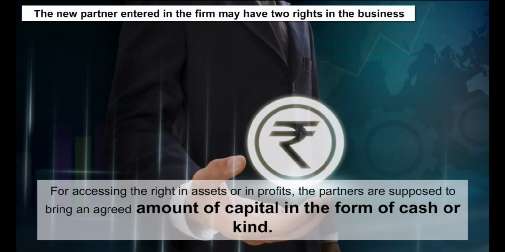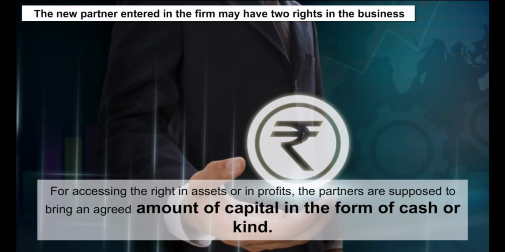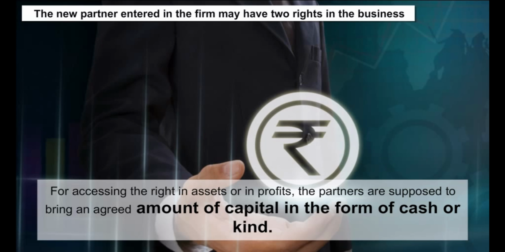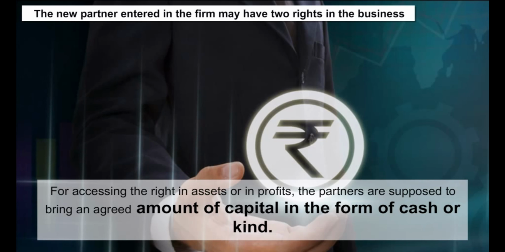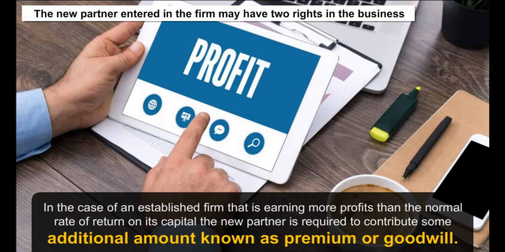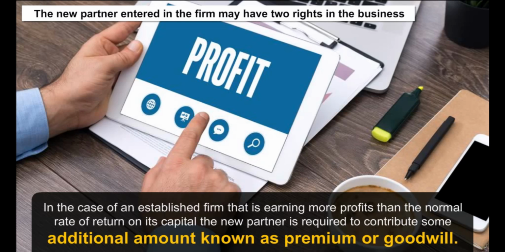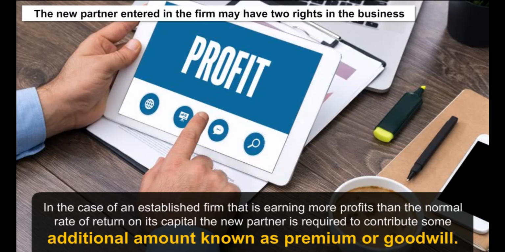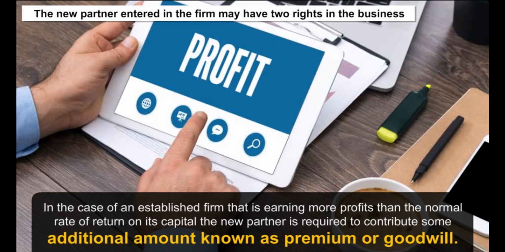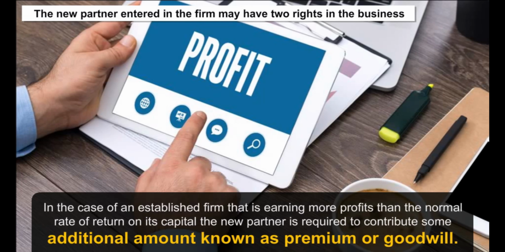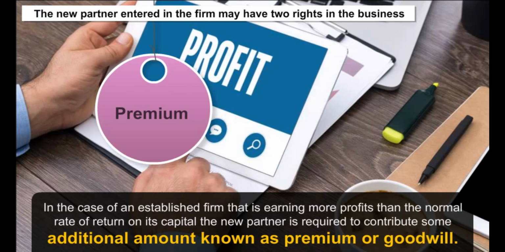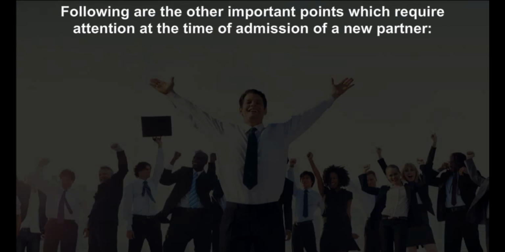For acquiring the right in assets or in profits, the partner is supposed to bring an agreed amount of capital in the form of cash or kind. In the case of an established firm that is earning more profits than the normal rate of return on its capital, the new partner is required to contribute some additional amount known as premium or goodwill.